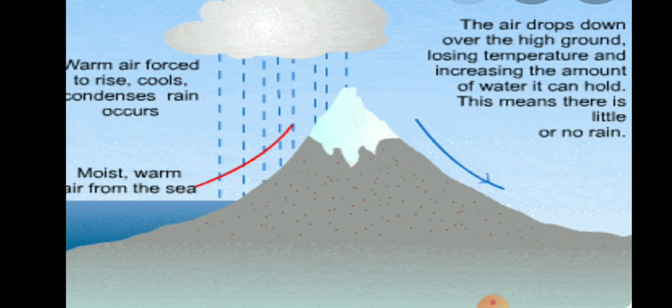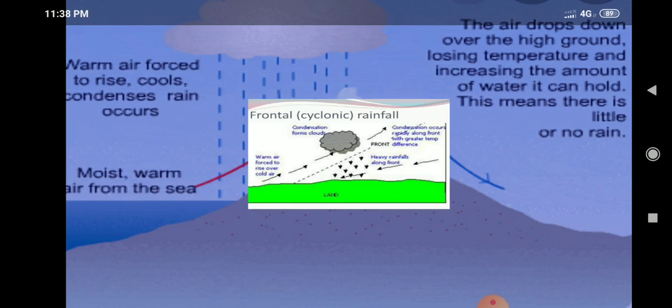When this wind crosses the mountain and moves from the top of the hill downward, the temperature of the air becomes warmer, so it can hold more water, and along with that, the moisture of the wind also reduces. Because of that, on the leeward side, blue in color, there is less rainfall. So this is the orographic rainfall.